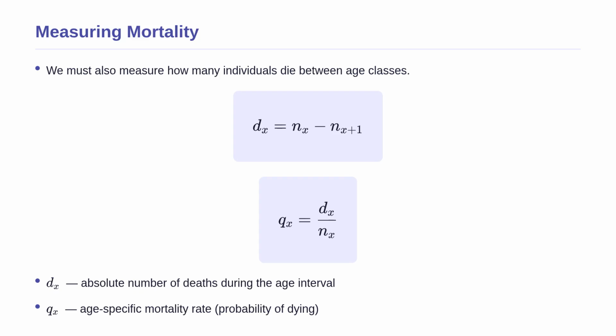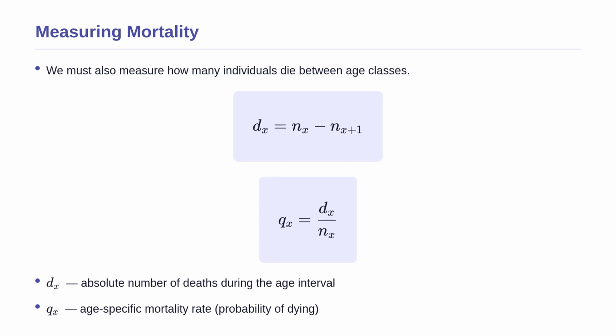While survivorship tracks who lives, we also need to measure who dies. This helps us pinpoint when a population experiences the most stress. We use two formulas here. First, dx represents the absolute number of individuals that die during an age interval. We find this simply by subtracting the number alive at the next age, nx plus 1, from the number alive at the current age, nx.